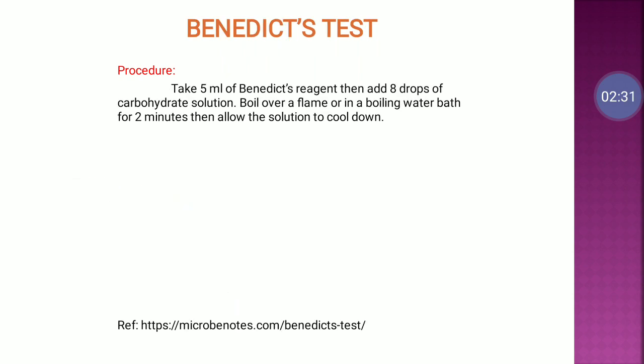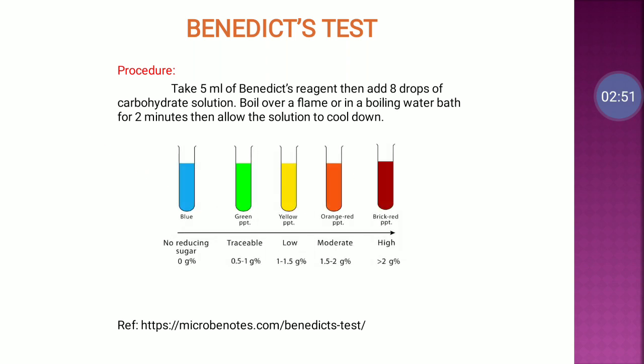Next is Benedict's test. The procedure for Benedict's test is we will take 5 ml of Benedict's reagent. Then we will add 8 drops of carbohydrate solution. We will boil it over a flame or in a boiling water bath for 2 minutes. Then allow it to cool for 2 minutes. We will get different colors in the test tube.